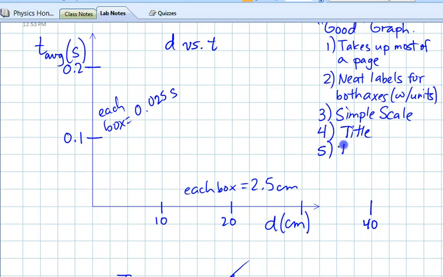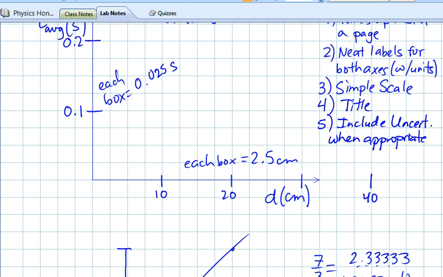Next, you want to include uncertainties when appropriate. So for example, let's say that we have a value for distance. And we say that we measured distance was 15 centimeters, but our uncertainty for it was plus or minus 2 centimeters.